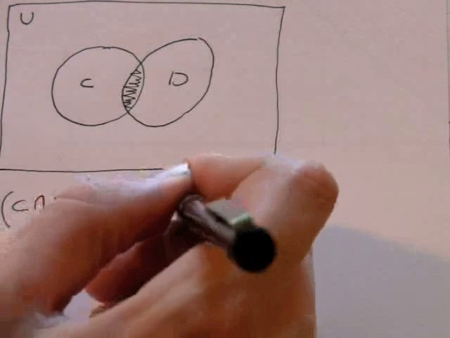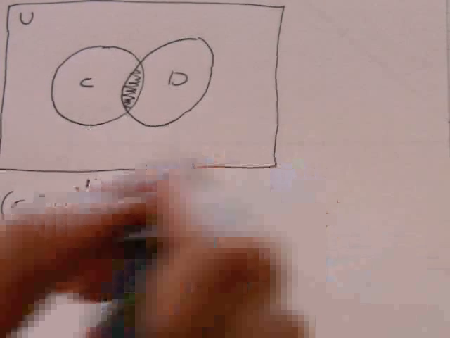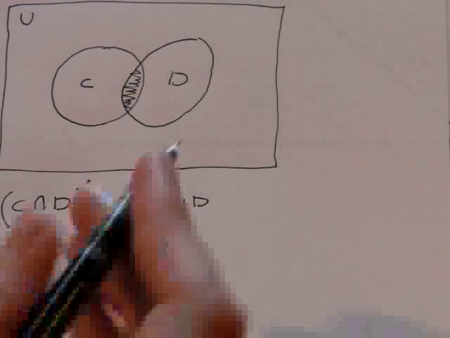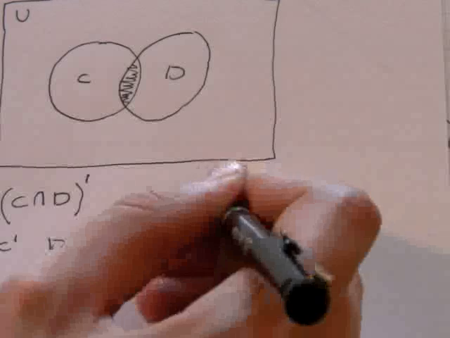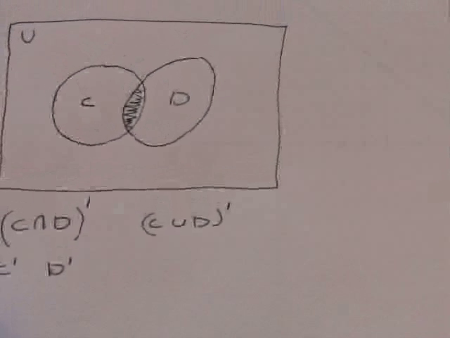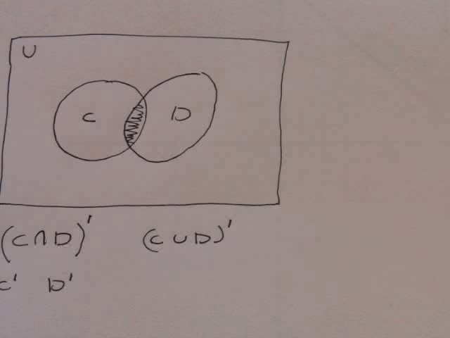So set C union with set D, that means both of these sets. And you want to look at the complement, so put the apostrophe there, and that's looking at everything outside of C and D.